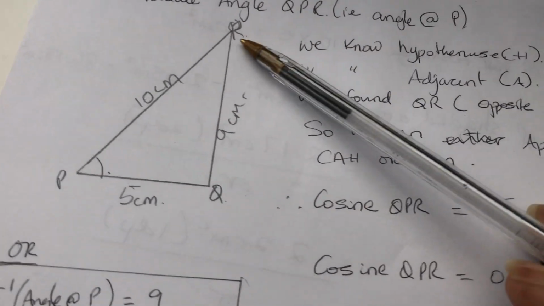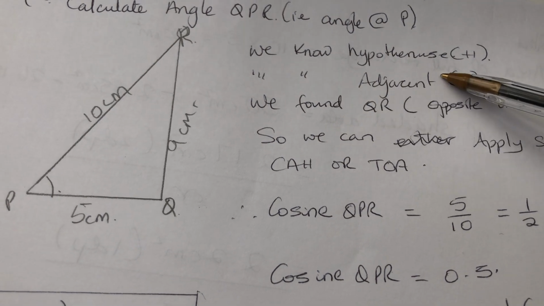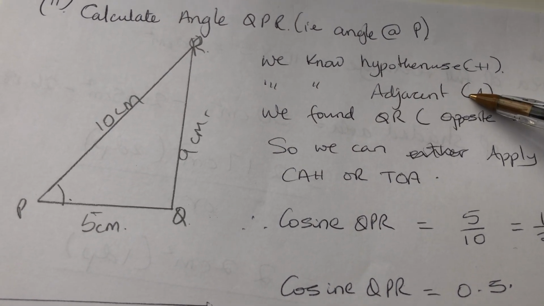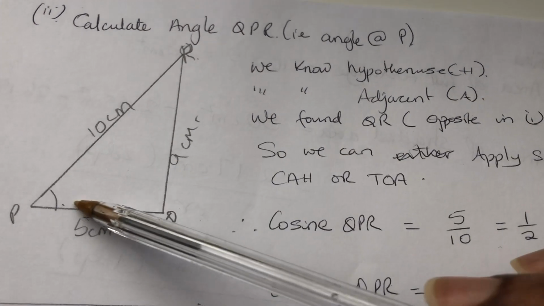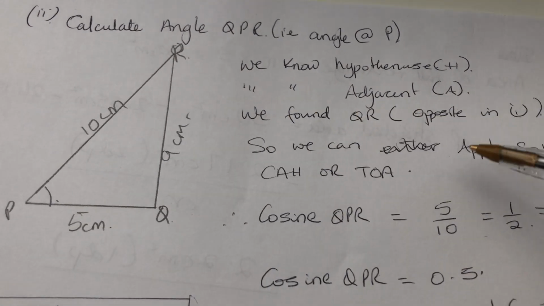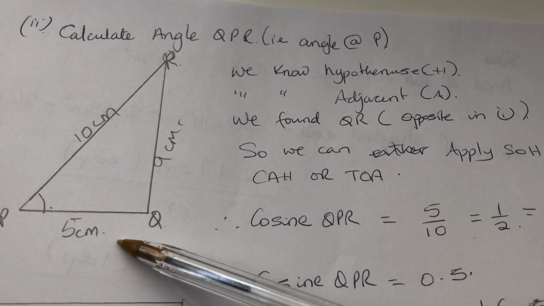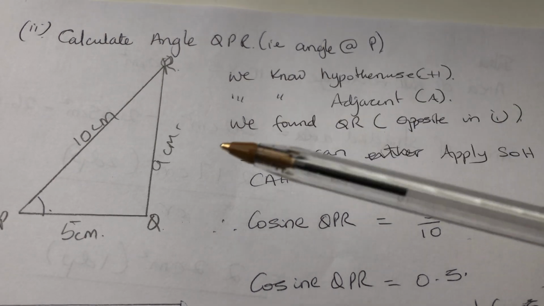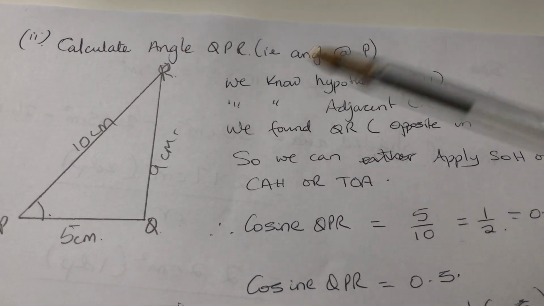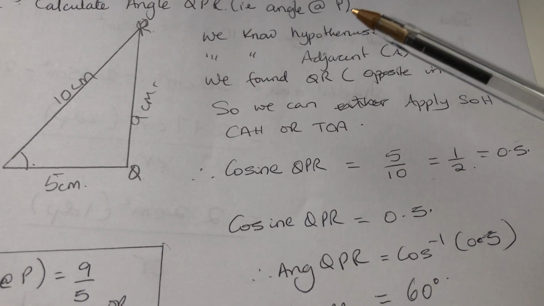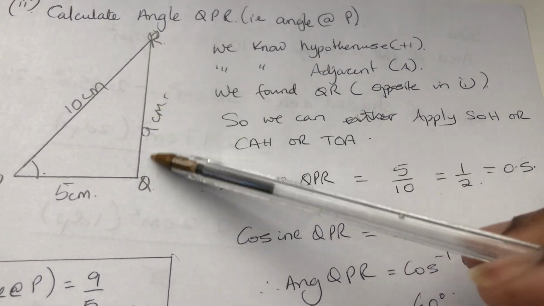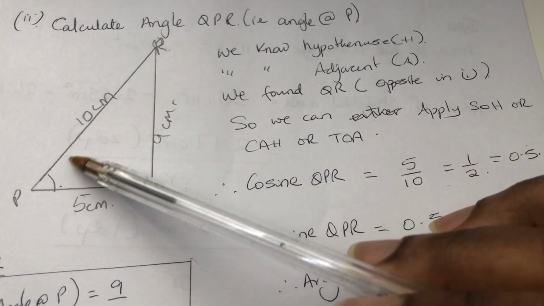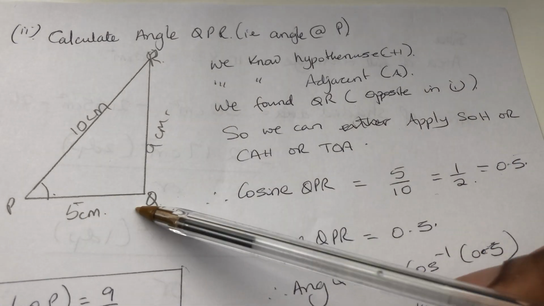So here we know the hypotenuse, we know the adjacent, and we are supposed to find this angle. We can use sine, or cosine, or tan, because we've just solved for this part here. So I'm going to use the original figures and use cosine.